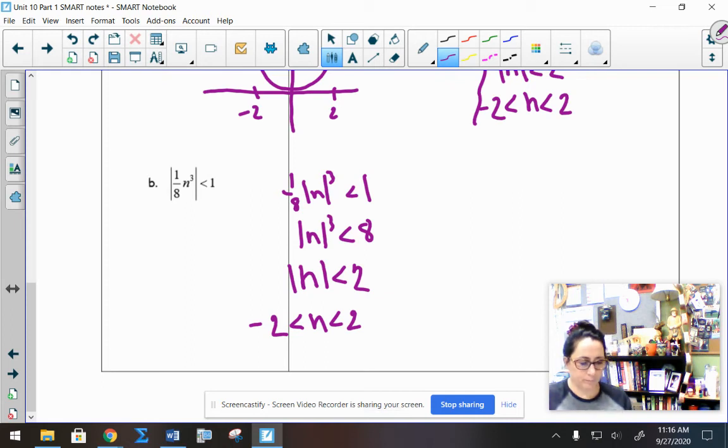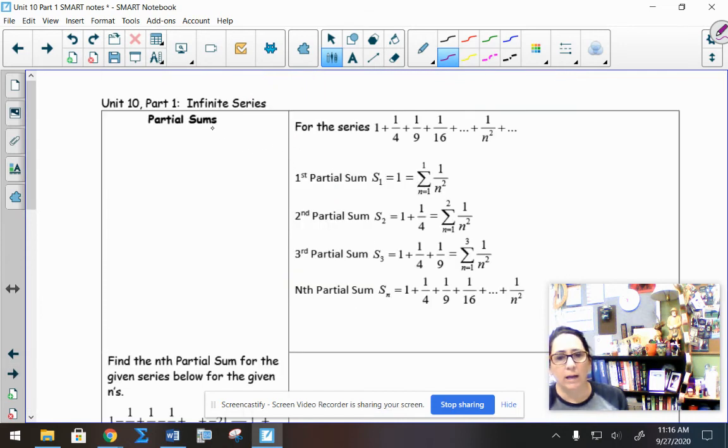So you would only add up a sub 0 until a sub 10, and you'd add up all of those terms. If we started at 1 and went to the 10th, then I would add up the first term to the 10th term.